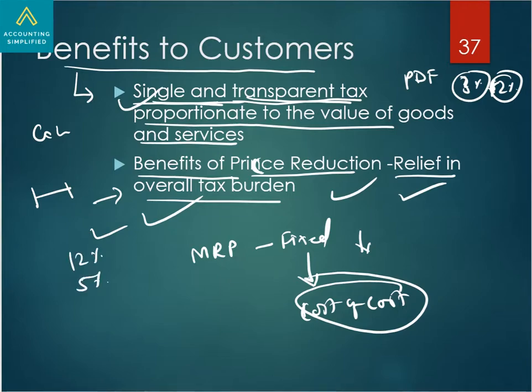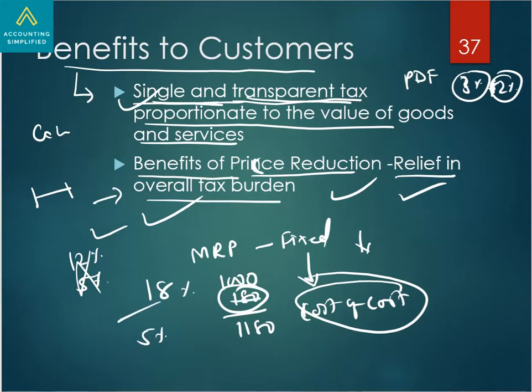For example, hotels were charged 18%, right? So whatever bill you get from the hotel and restaurant, suppose 100 rupees is the bill or 1000 is the bill, so 180 you have to pay more, right? So 1180. Now that 18% has been reduced to 5%. So now only 50 rupees you have to pay, right?